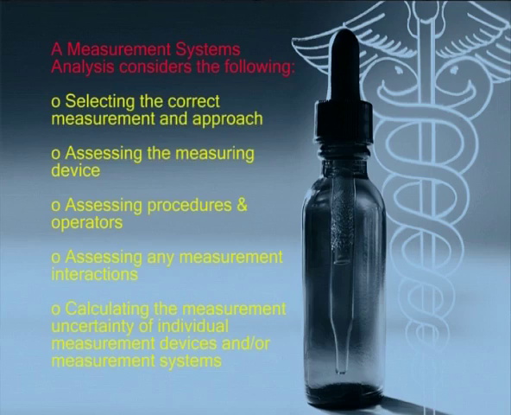A measurement systems analysis considers the following: selecting the correct measurement and approach, assessing the measuring device, assessing procedures, assessing operators, assessing any measurement interactions, calculating the measurement uncertainty of individual measurement devices and/or measurement systems.